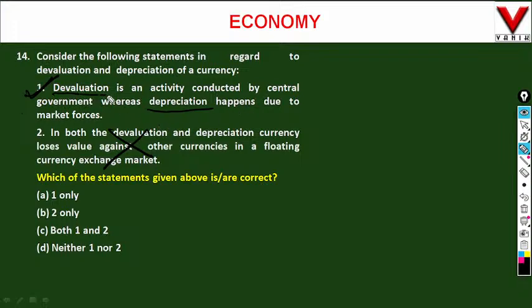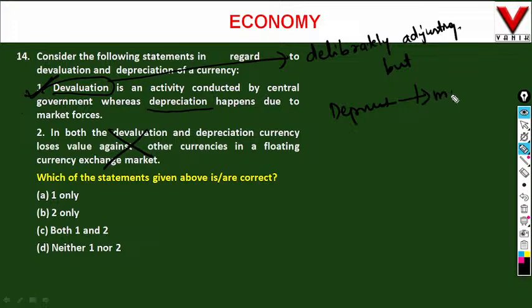In devaluation, as I told you earlier, the government decides and a deliberate adjustment is made. Devaluation and depreciation are the most confusing concepts of banking economics. In depreciation, there is a direct impact of market forces.